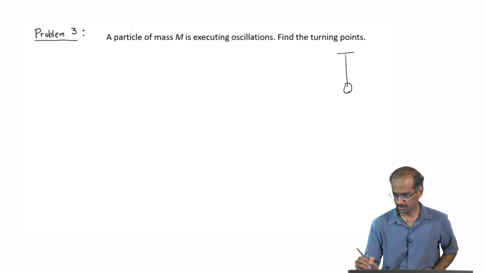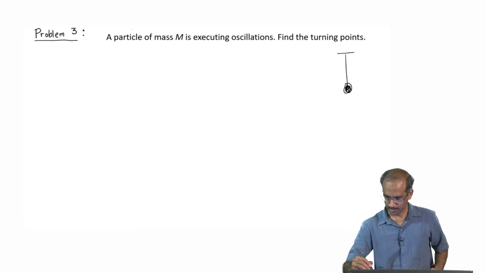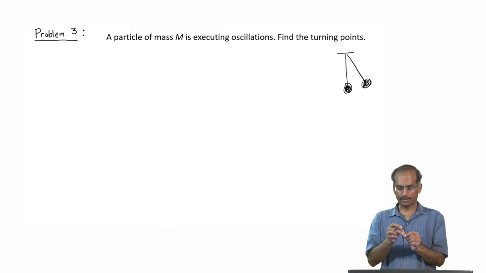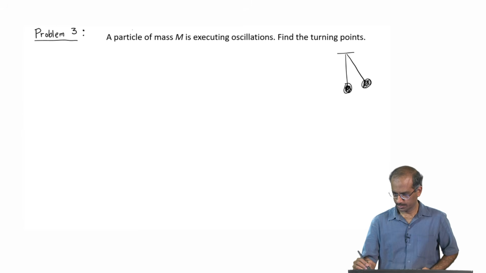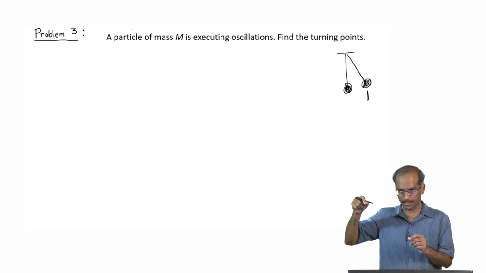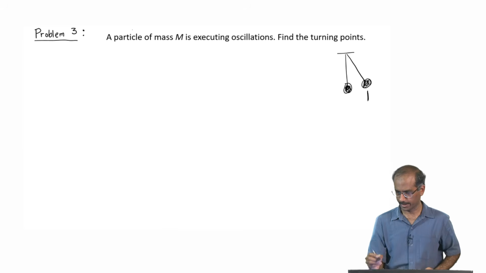So, this is its normal equilibrium position, and when you give it a push, you are oscillating it, and so it starts from the equilibrium position, goes to one end and turns back. So, this position where it turns back is called the turning point. It goes in one direction and turns back, and again it goes in the other direction and turns back.